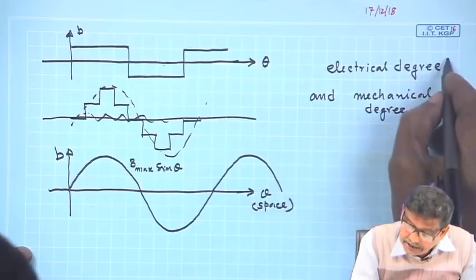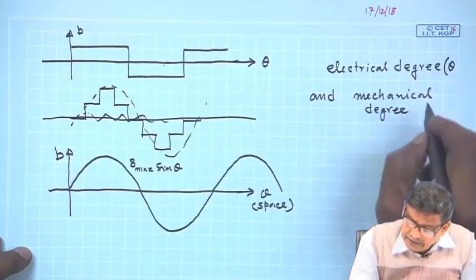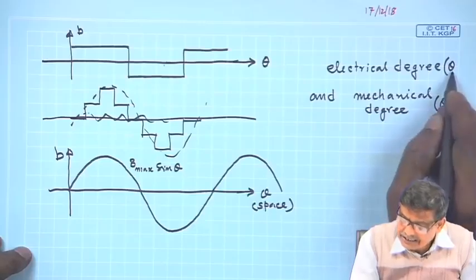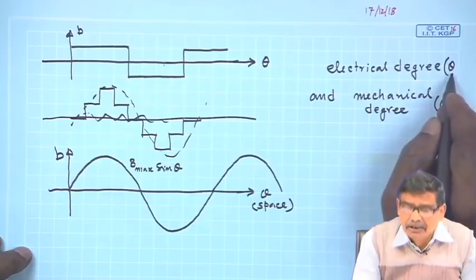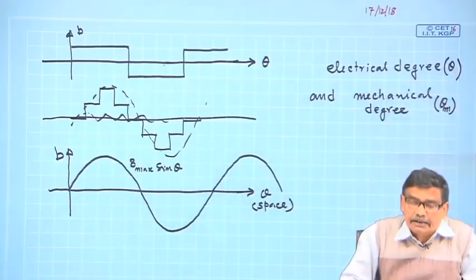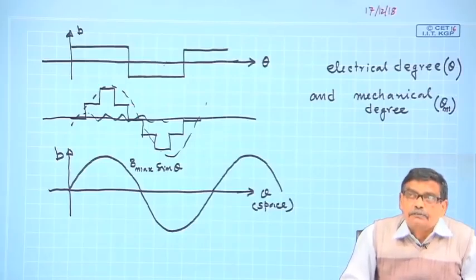Angle can be measured in 2 ways, theta electrical and theta mechanical. For electrical, I am not writing the suffix. So, theta, if I write, it means electrical degree. Now, first let us understand what is electrical and what is mechanical angle.